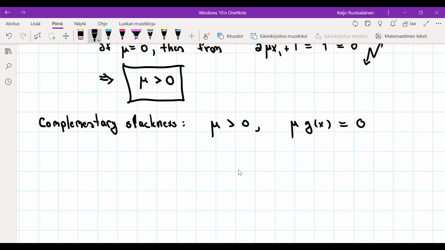And then, of course, we have to remember that g(x) must also be less than or equal to 0. But because mu is positive, g(x) must be 0.